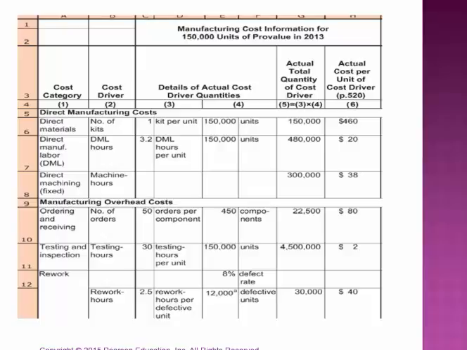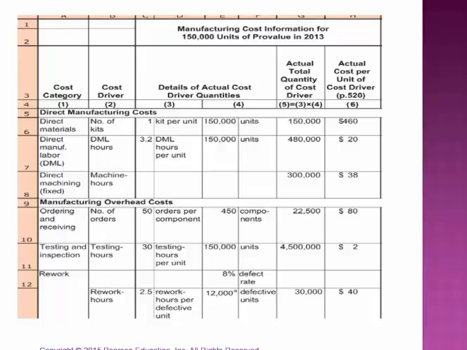We saw that sometimes things do not work out as planned, and we have to do rework. That was covered and discussed in chapters 17 and 18. This particular company has a defect rate of 8%. All right, so based on our 8%, we are expecting 12,000 defective units.